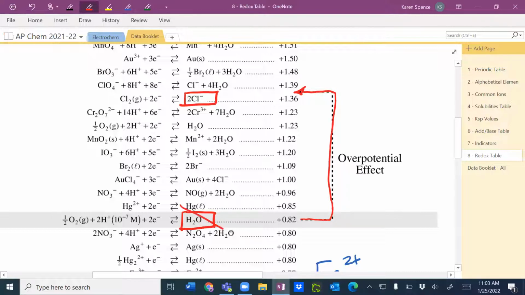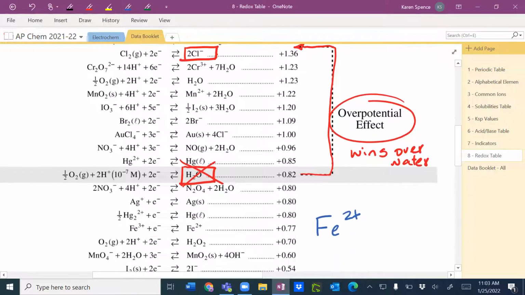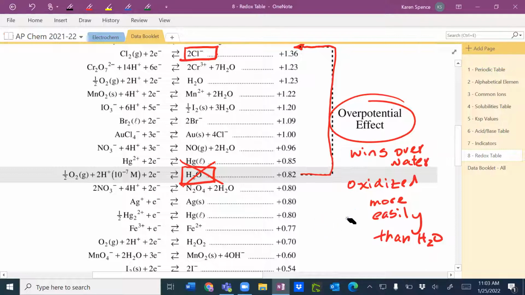So it's not water that gets oxidized, it is chloride, because anything within the overpotential bracket gets oxidized more easily than water.